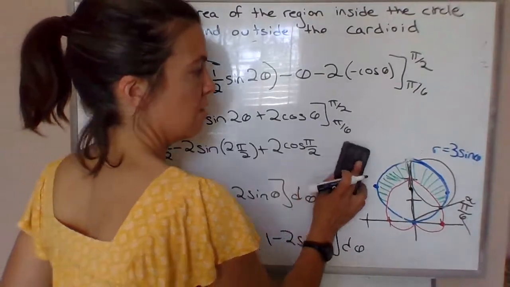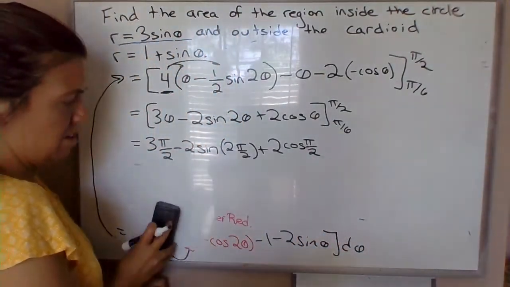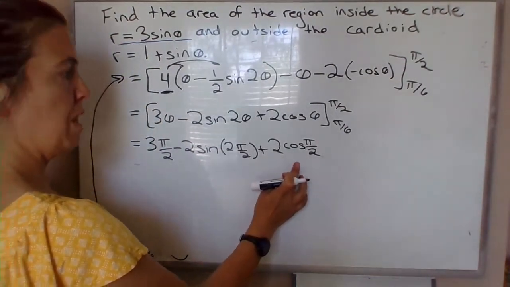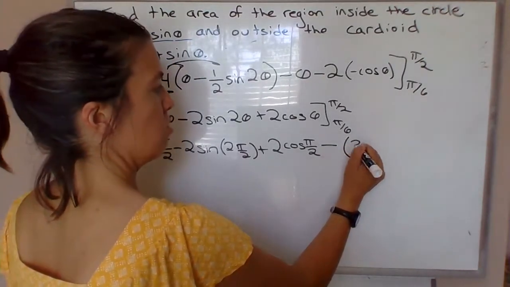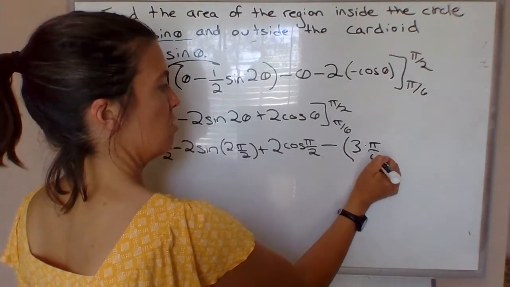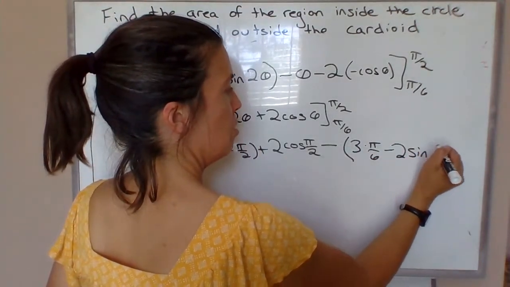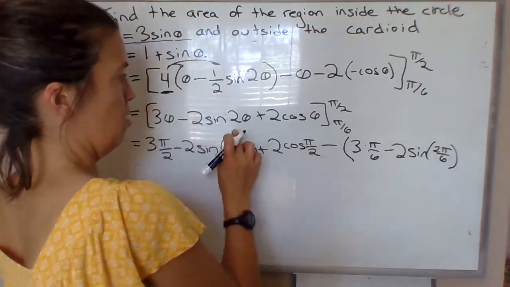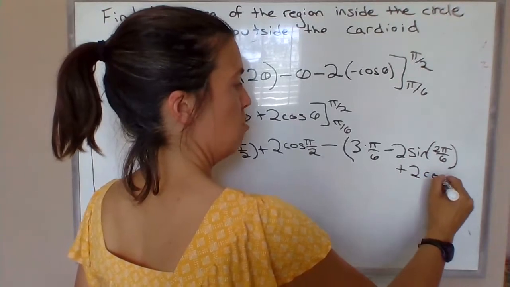I guess the graph is going to have to go. Get rid of all the rest of this while we're at it. Okay, so that's plugging in pi over 2, minus what you get when you plug in pi over 6. So that's 3 times pi over 6 minus 2 times sine of 2 times pi over 6 plus 2 times cosine of pi over 6.